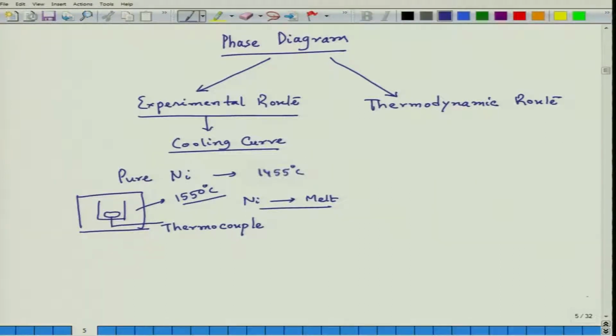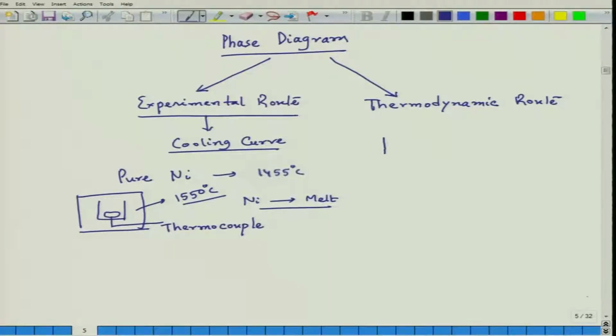Now, after that we can keep it inside the furnace and switch off the furnace, then we will see that the temperature is gradually going down. From the point when we switch off the furnace onwards, if we try to see the temperature variation with time, then we will get a plot like this.